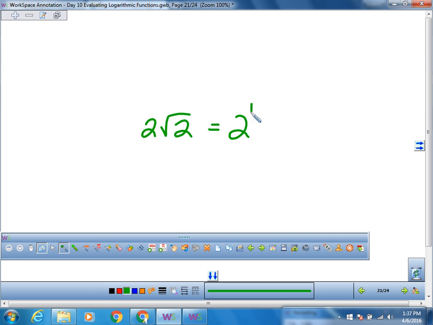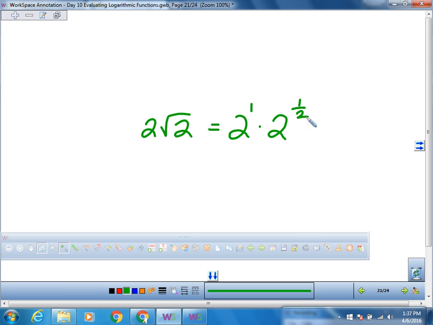Is this 2 to the 1? And what's this? 2 to the half. That's the same thing in exponent? Isn't 1 just 2 over 2? So when I multiply, what do I get? What's 2 halves and 1 half? Look at 3 halves. Right? That's one way to look at it.